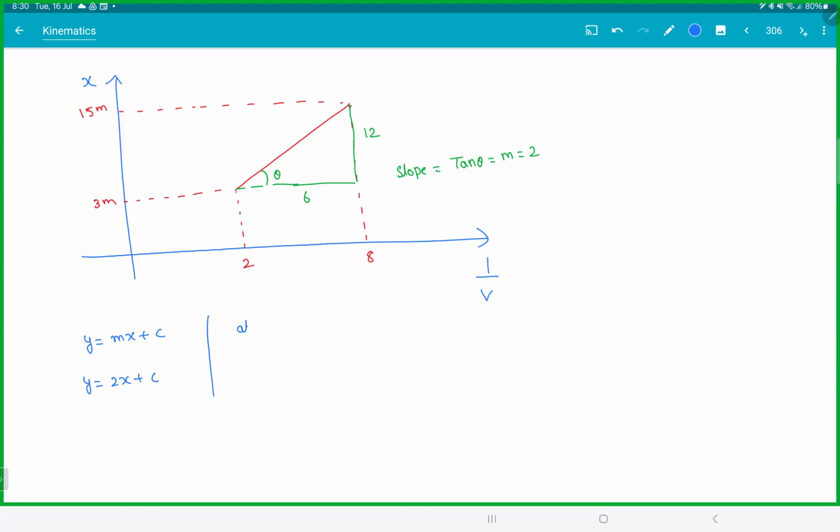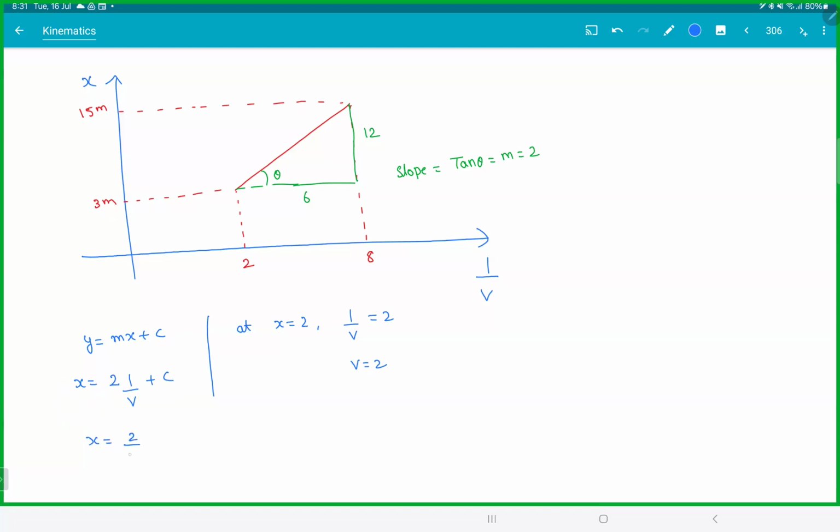Now at x is equal to 2, be careful here. 1 by v is equal to 2. It is not v. If you find the area, the logic was right, but you goofed up the area. So that means v is equal to 2 and x is equal to 2. So in place of y we have x, in place of m we have 2, and in place of x we have 1 by v plus c.